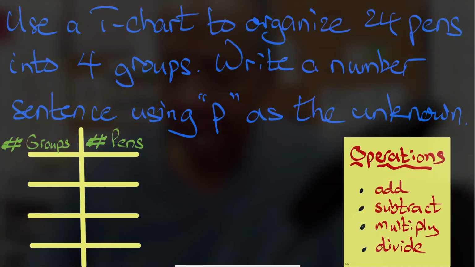But then to divide the 24 pens into 4 groups, that seems to make the most sense. So I'm going to make sure that what I choose to do is use division and divide 24 pens into 4 groups.